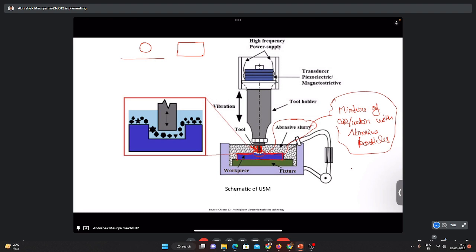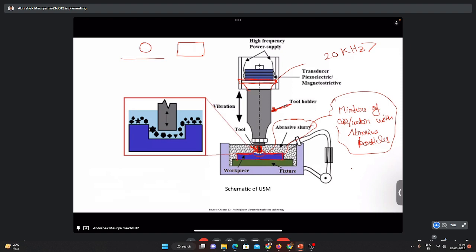Now this tool is attached to a tool holder, and this tool holder is something special. It is attached to a system which creates ultrasonic frequency. Ultrasonic frequency is a very high frequency which we cannot hear with our ears, 20 kilohertz or above.